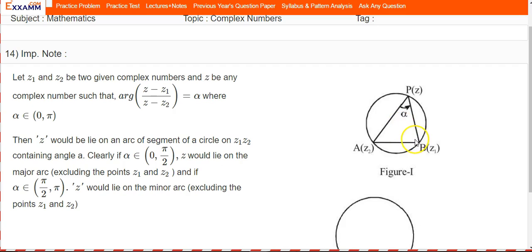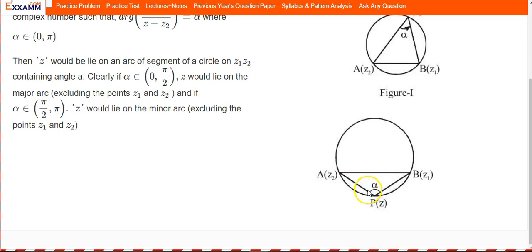Since all angles are the same, we can say that this is forming a circle. Whether it forms the bigger circle or the smaller circle depends on whether alpha is less than pi by 2 or more than pi by 2. If it is less than pi by 2, it would be the major arc, and if it is more than pi by 2, then it would be tracing the minor arc.